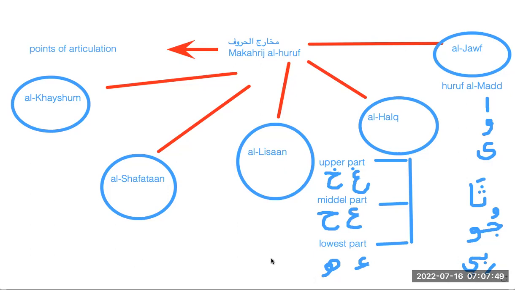Now the example. Hamza with kasra, this is hamza kasra.